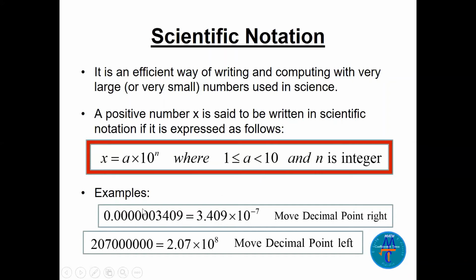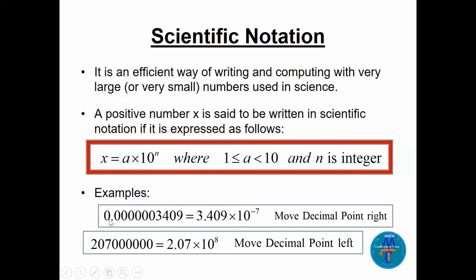Let's see this example. 0.000003409. This is a very tiny, small number. So it's not efficient to read it as I read it before. Now, one way we can do it, we move the decimal point to the right.